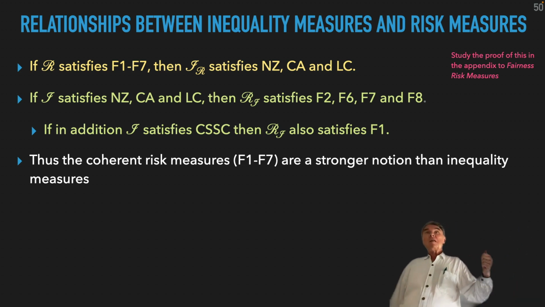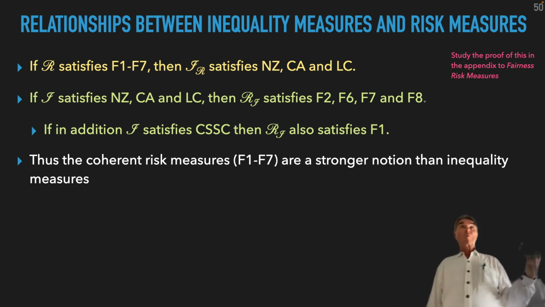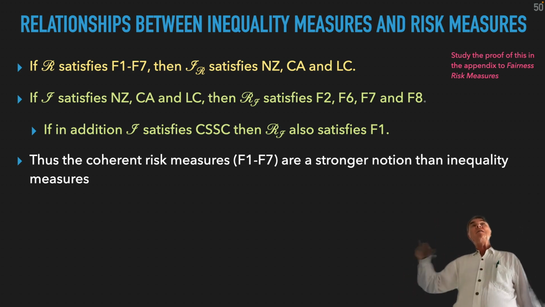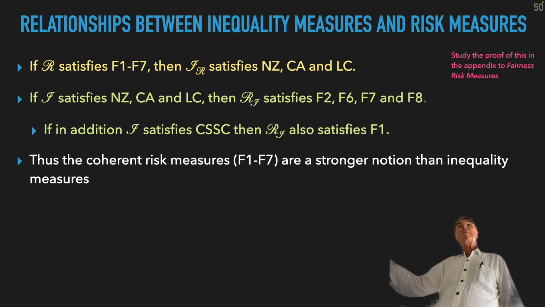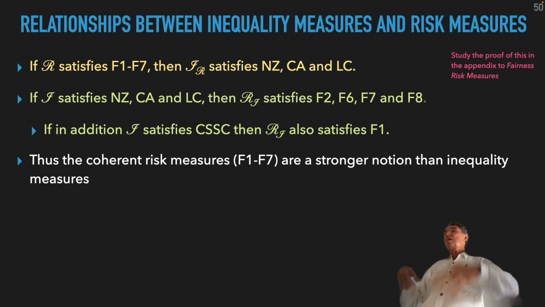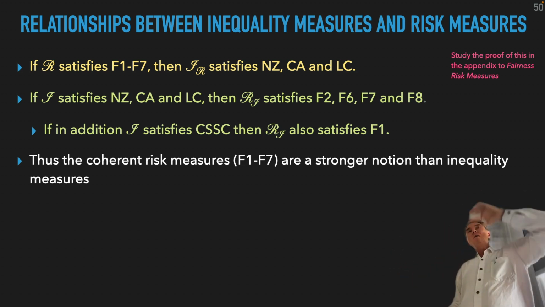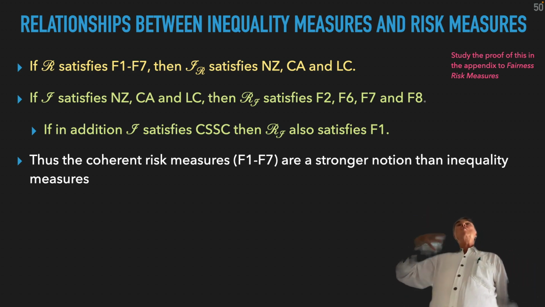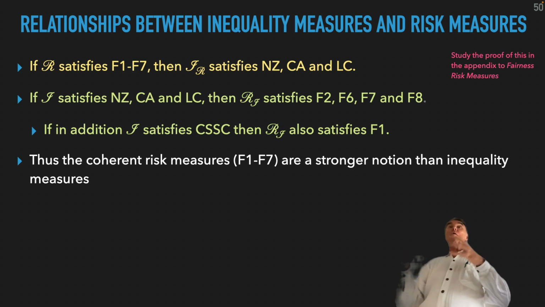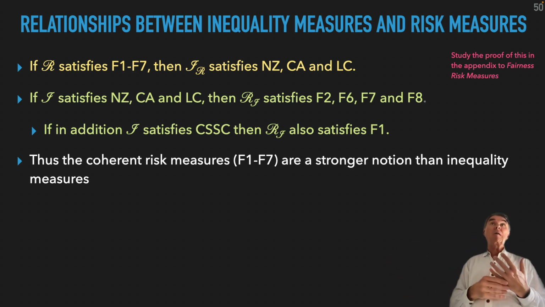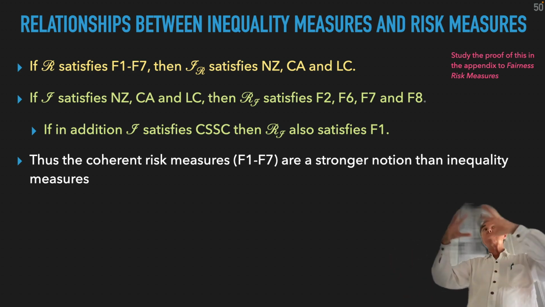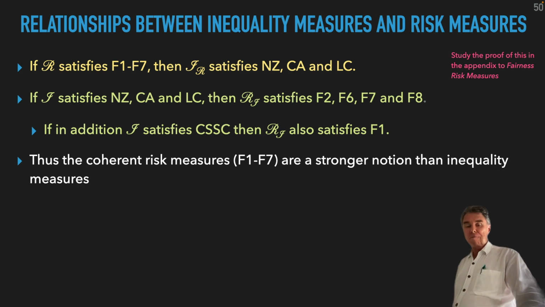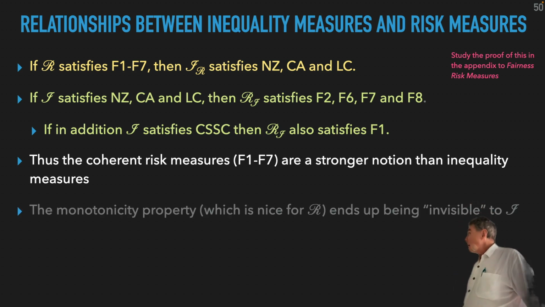What this means is that you can start with your regular measure of risk, and then these inequality measures just come out from this normalization. You take your regular measure of risk, you subtract the expectation, you're left with the deviation measure, you divide by the expectation, lo and behold, that's a measure of economic inequality. And you recover a lot of this work that people have done for many decades.